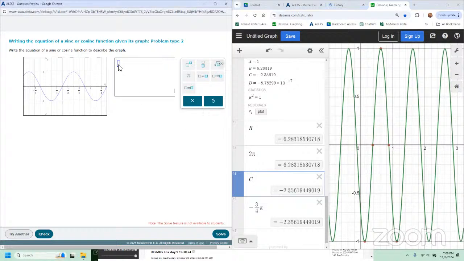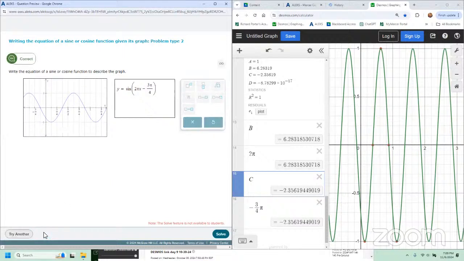So then when I go to Desmos, I'll just type in y equals 1 times the sine of b, which is 2 pi x. And then we have -3/4 pi, fraction 3 pi over 4, close fraction, and then D is probably 0.